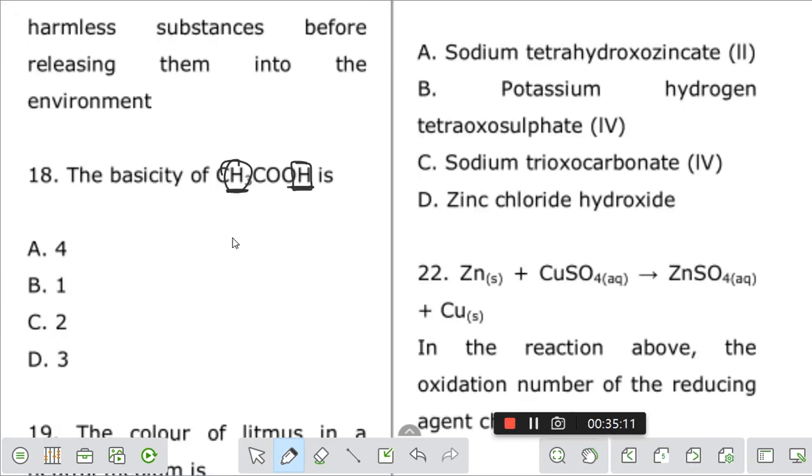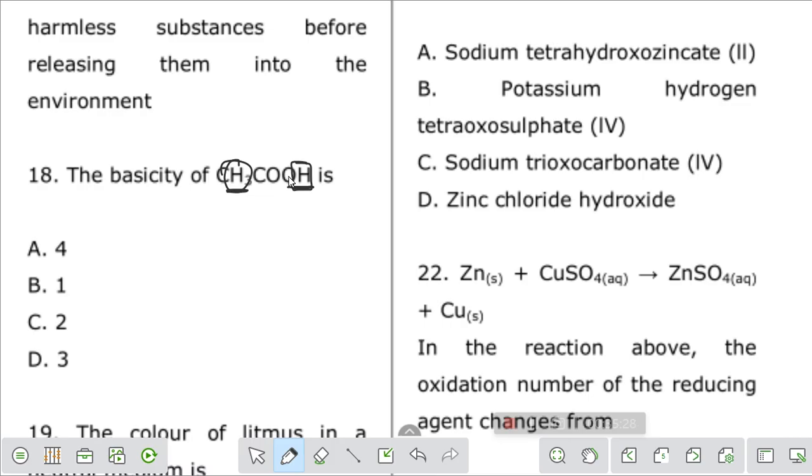I told you when I was teaching basicity that basicity is the number of replaceable hydrogen atoms in a particular compound, right?